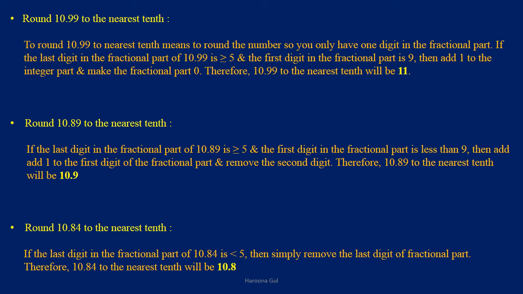Now if we have to round off 10.89 to its nearest tenth, we're going to look at the last digit in the fractional part of 10.89. If the last digit in the fractional part is greater than or equal to 5 and the first digit in the fractional part is less than 9, then we are going to add 1 to the first digit of the fractional part and remove the second digit.